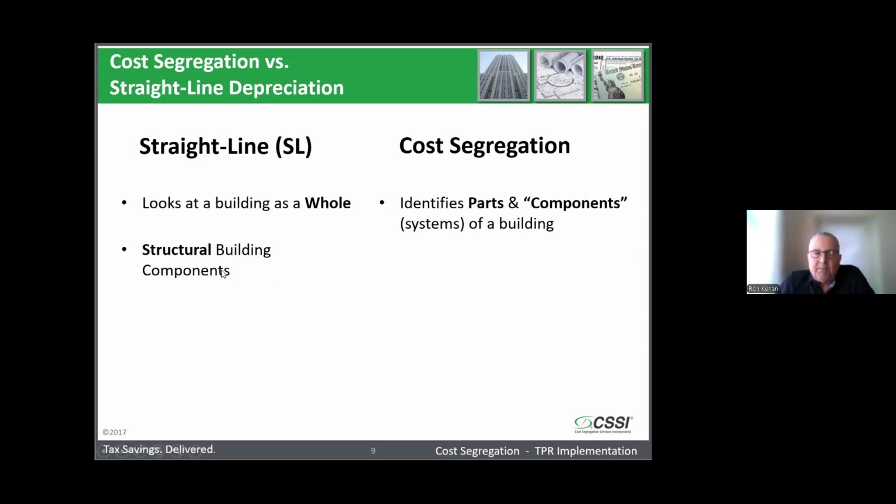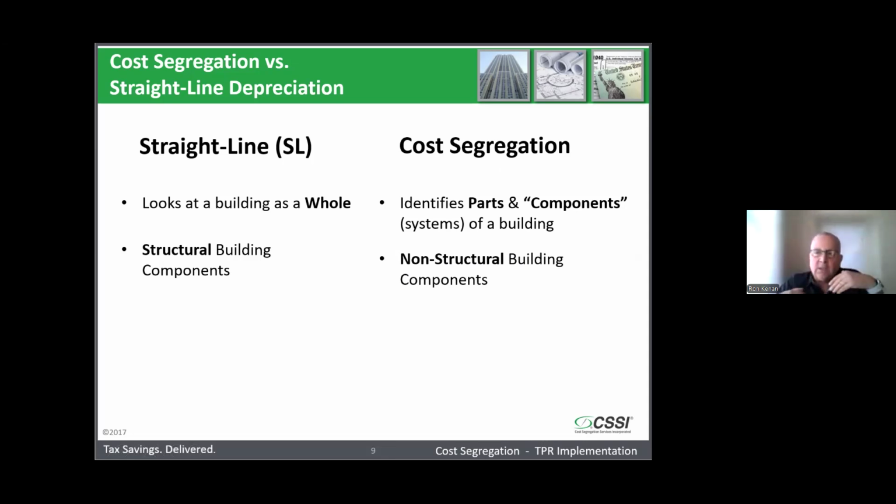Straight line looks at a building as one structure component, whereas cost segregation looks at a building as non-structural. In other words, anything that is beside the structure, whether it's the roof, the flooring, special decoration that you make in the building, special windows, doors, kitchen appliances, bathroom appliances.